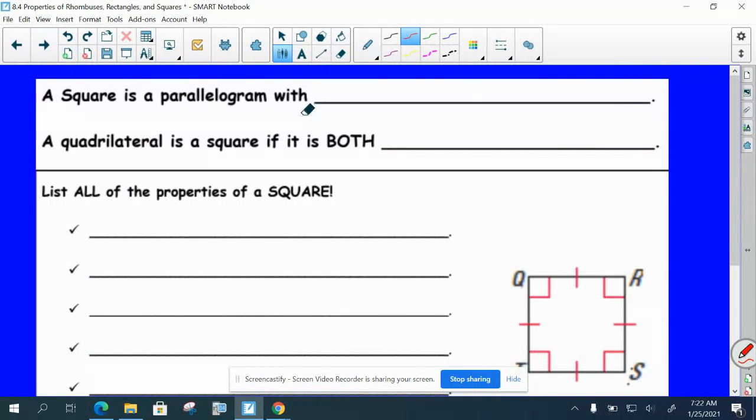So let's do the last one, which would be the square. A square is a parallelogram with 4 congruent sides and 4 right angles. So 4 congruent sides, 4 right angles. Okay, so it's a combination of a rhombus and a rectangle.